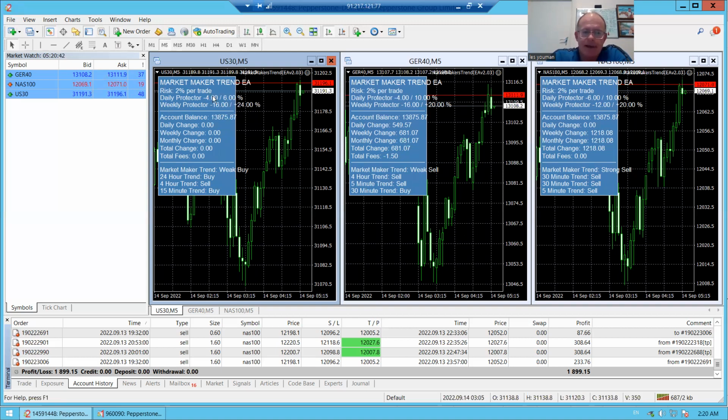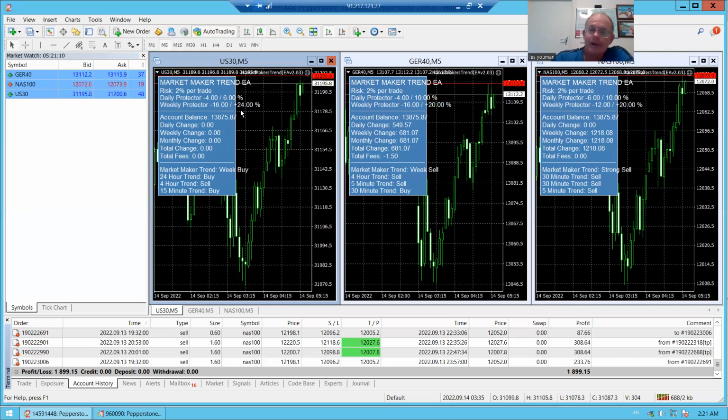That's a 1 to 1.5 risk to reward ratio per day, which is the same for the week. It won't let me lose more than 16% a week, but it won't let me make more than 24% a week.